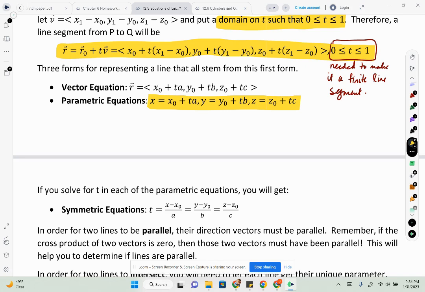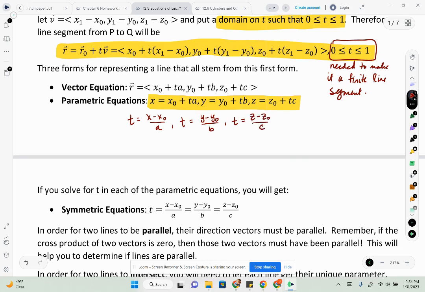Now, if we were to take each of these parametric equations and solve for t in them, then the first one gives t is equal to x minus x naught over a, the second one t is equal to y minus y naught over b, and the third one t is equal to z minus z naught over c.